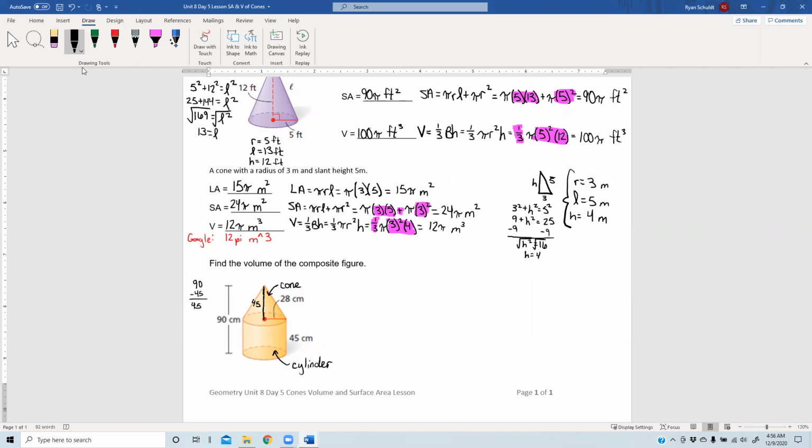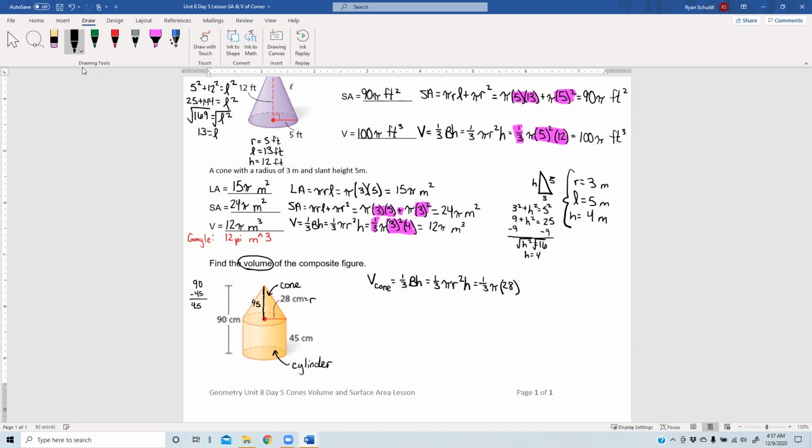Okay, so we want to find volume. So let's do the volume of the cone first, since that's what we're working on today. Our formula says 1/3 B H. So we know that capital B stands for pi r squared. Do we know the radius? Yep, 28 is our radius.